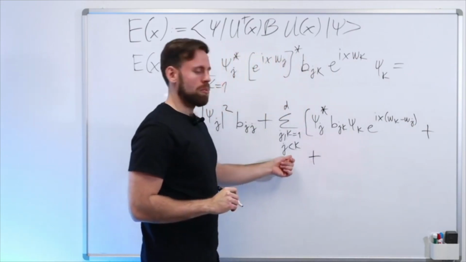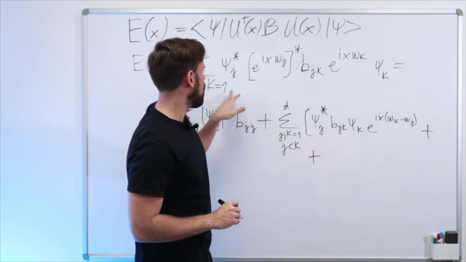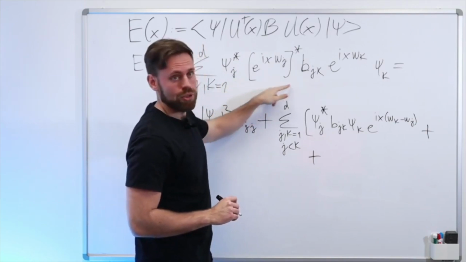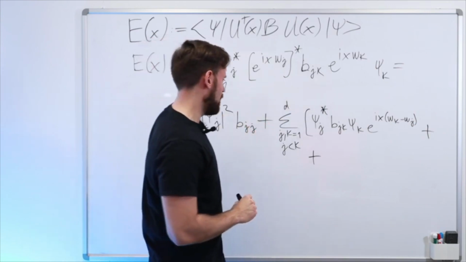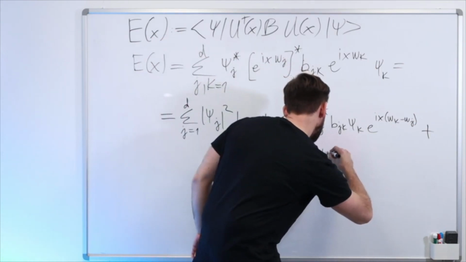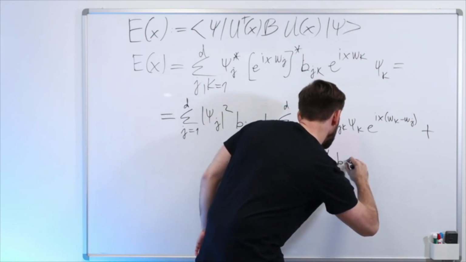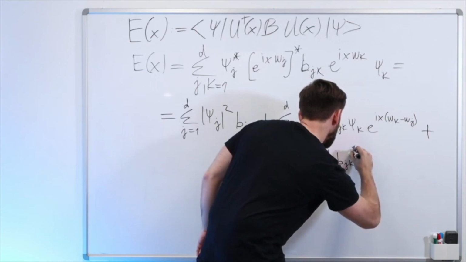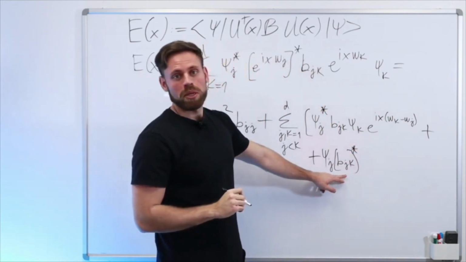And in order to write up the j bigger than k terms, we can just swap the role of j and k in the original expression and reorder the terms in the product slightly. What we will have is going to be psi j, b_jk conjugate. We can write this because of hermiticity.